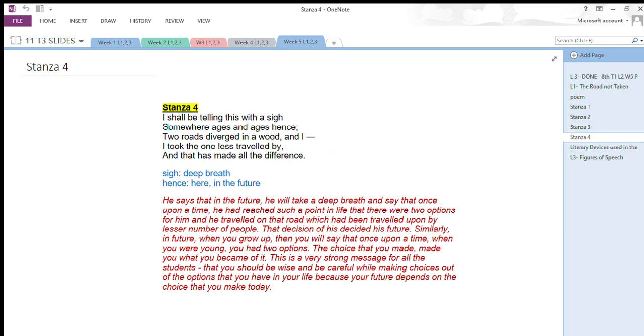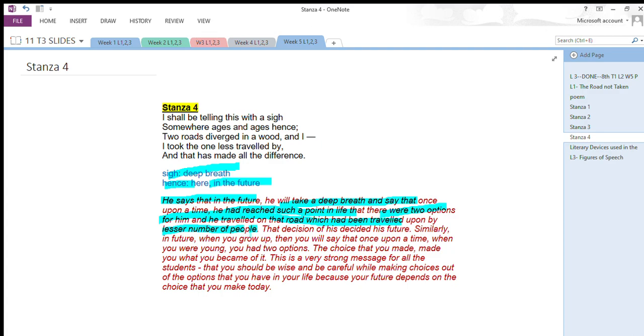Okay, the last stanza: "I shall be telling this with a sigh somewhere ages and ages hence." Now, sigh means deep breath, hence means here or in the future. He says that in future he will take a deep breath and say that once upon a time he had reached such a point in life that there were two options for him, and he traveled on the road which had been traveled upon by a lesser number of people, the road which was not traveled by many people.